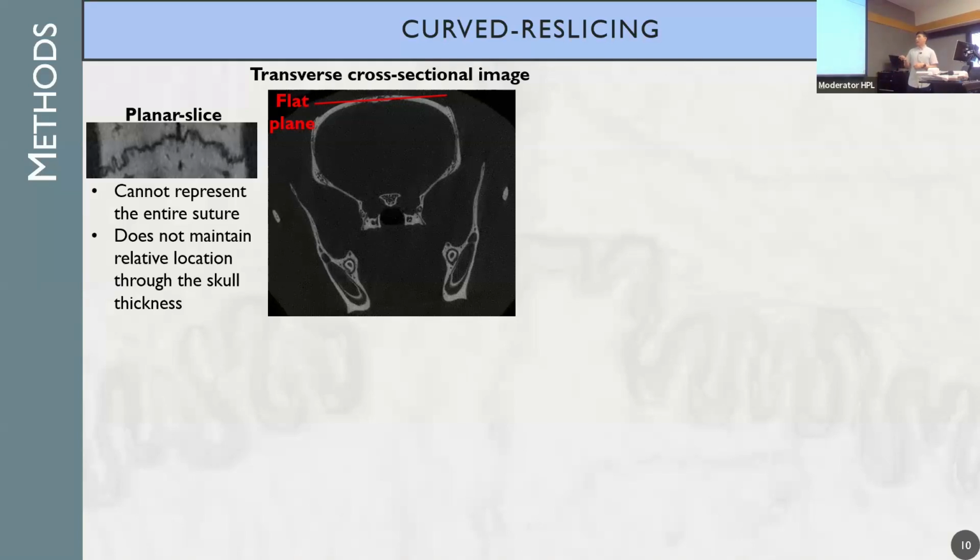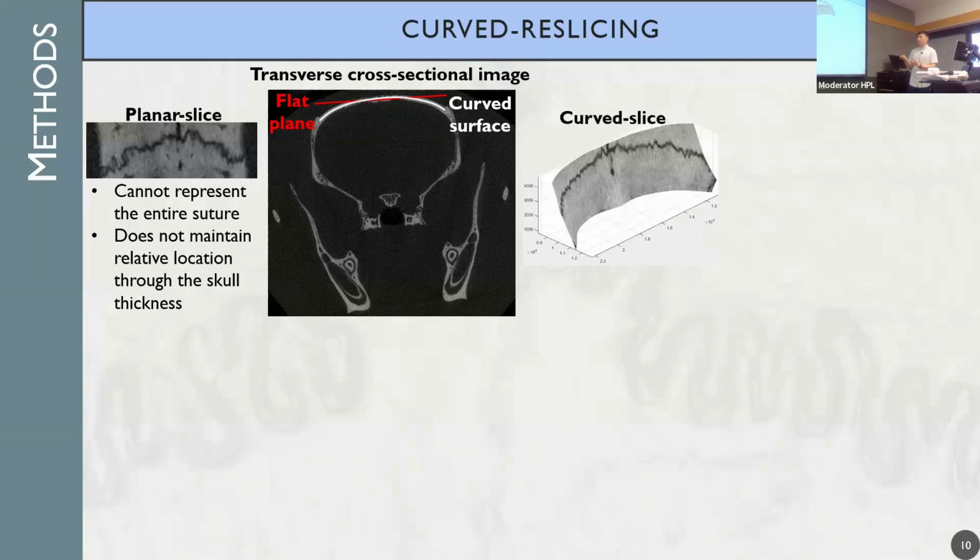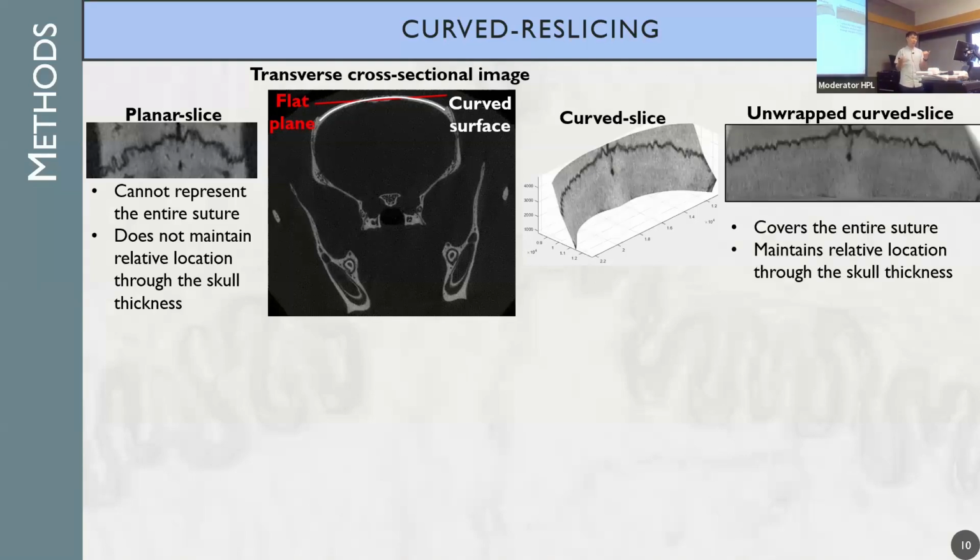So instead of a flat surface, if I get a curved surface along the curvature of the skull and get the reslicing down along that surface, I will get this image. And then if I somehow unwrap it and make a 2D image, now I can use this image with my marching algorithm.